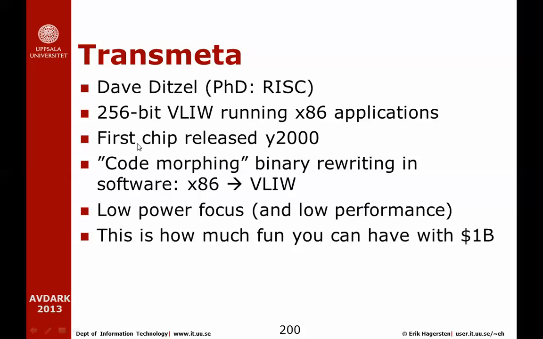What they did was come up with a completely independent VLIW architecture, not compatible by itself with x86 instructions. Then they used binary rewriting in software, seamlessly, to take an x86 binary and, whenever you touch a new piece of code, a basic block or so of the x86, dynamically translate those instructions into VLIW instructions.